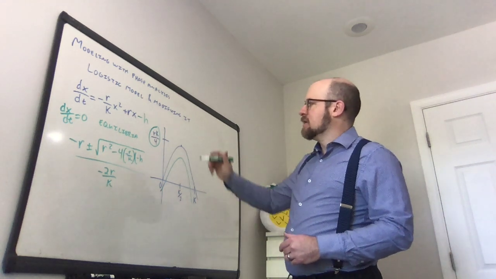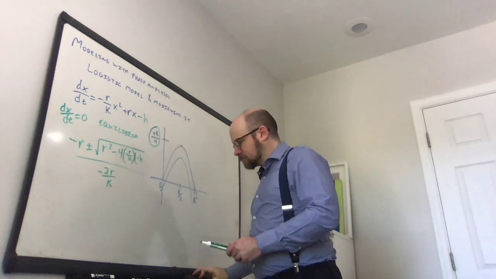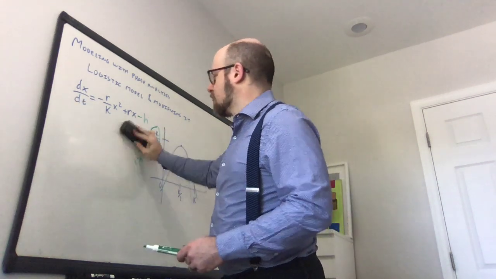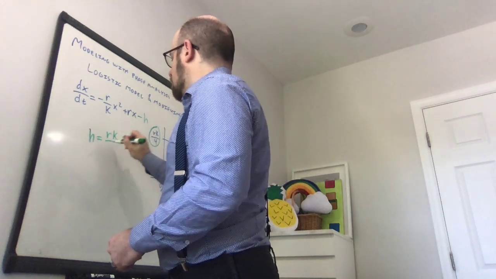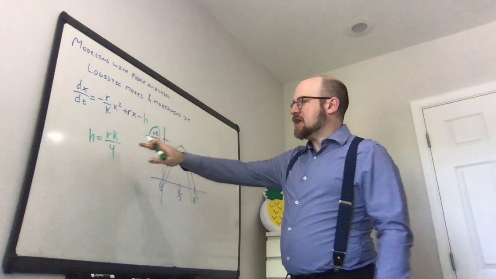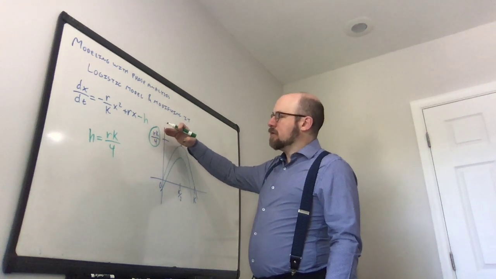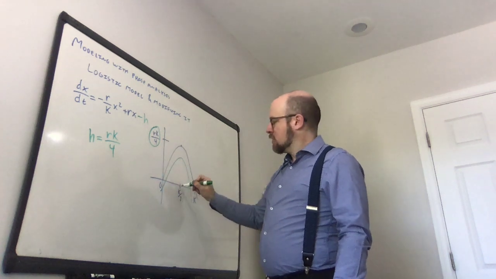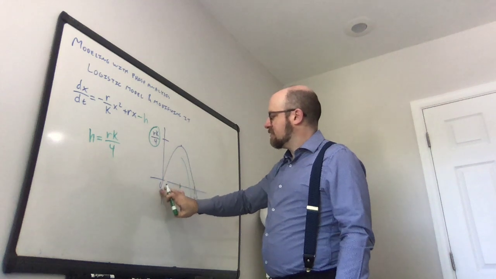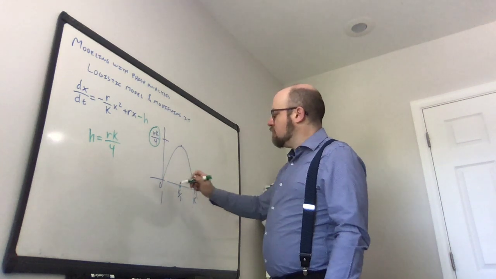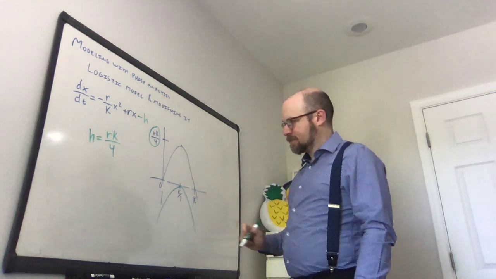So if you took h equal to rk over 4, well, if you take h equal to rk over 4, that's going to move the graph down by rk over 4, which means that your new graph, if you move it down by rk over 4, is going to look something like this.